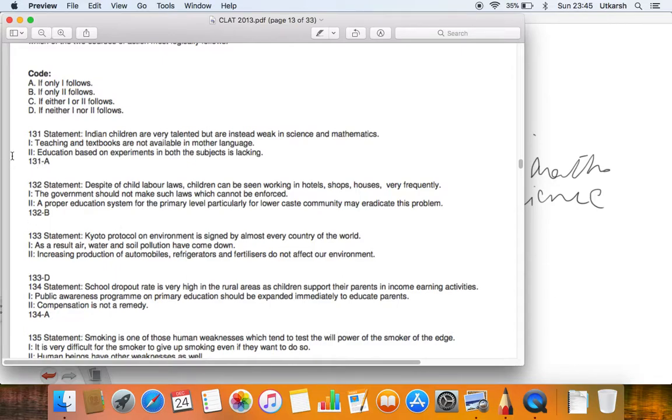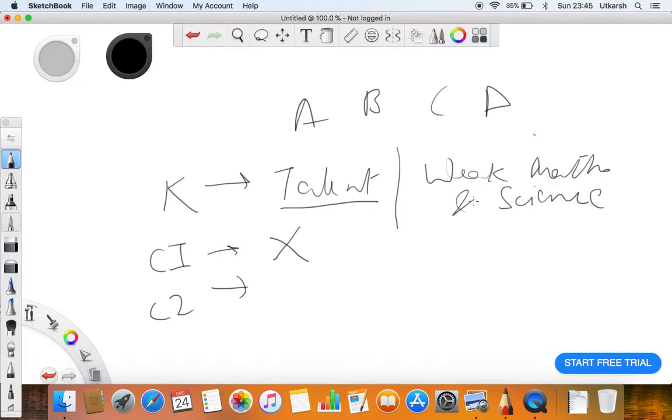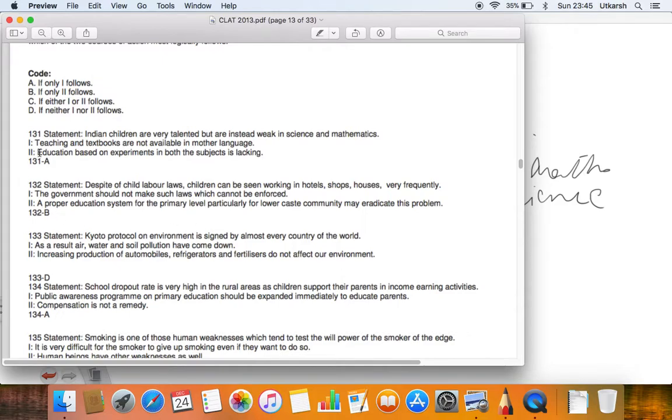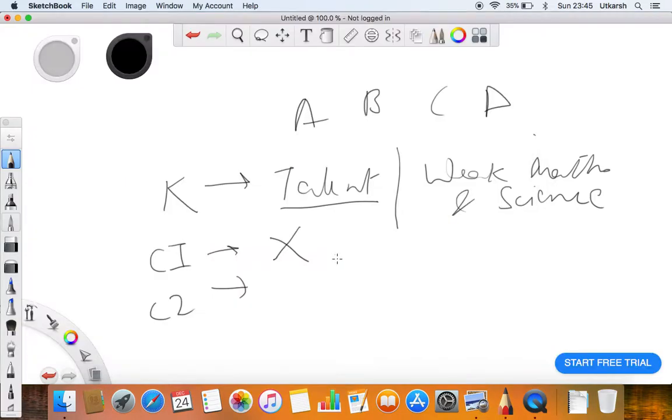Let's look at the second statement. These statements are conclusions, and this is the known. So you have to see if from the known you can reach the conclusion. Try to apply deductive or inductive reasoning, and I am pretty sure you cannot reach this conclusion. Education based on experiment in both subjects is lacking. Again, you cannot say that. It may be one issue, but you cannot say that's the reason. And what are even experiments in maths?